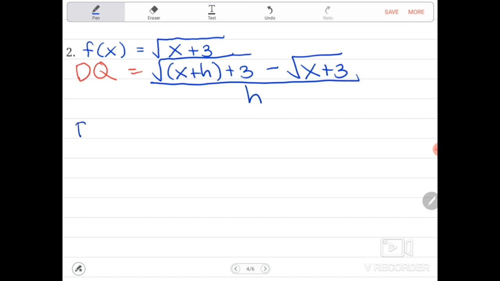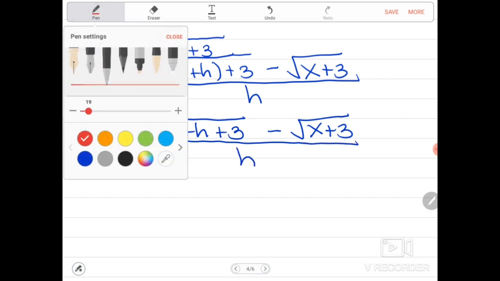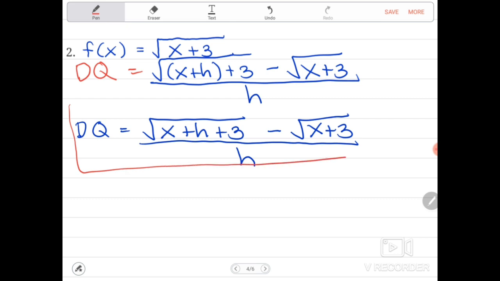So for our difference quotient, simplify. We will be having square root of x plus h plus 3 minus square root of x plus 3, all over h. So this will be our difference quotient.